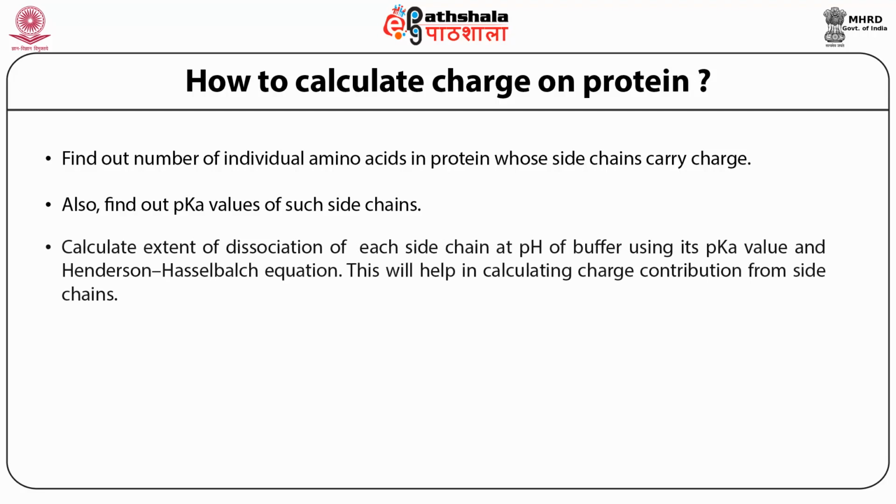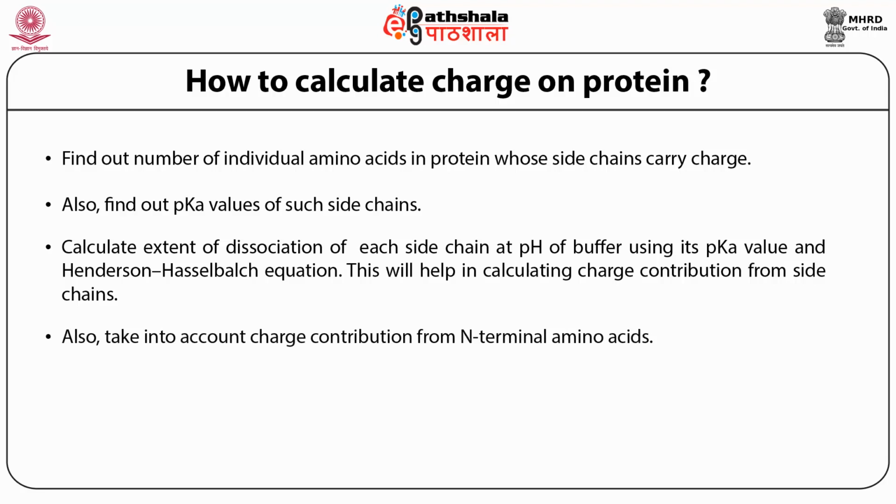Then calculate the extent of dissociation of each side chain at the pH of the buffer, using its pK values and also the Henderson-Hasselbalch equation. This will help in calculating the charge contribution from each side chain. Also take into account the charge contribution from the N-terminal amino acids.